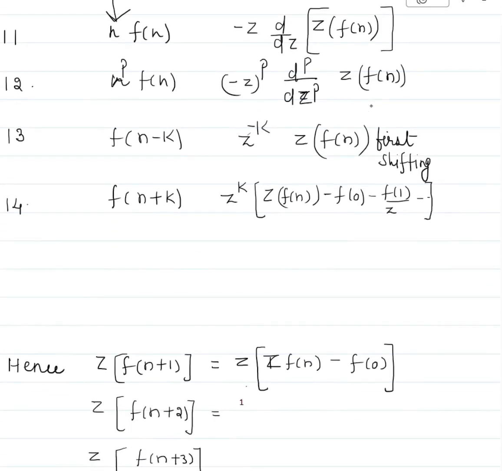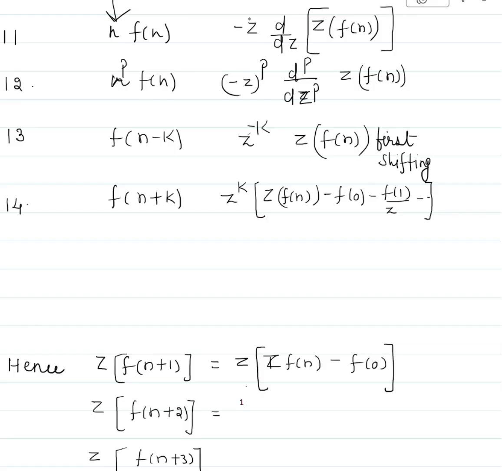Now if instead of n the function is multiplied by n to the power p, f of n, we will write the z transform as minus z to the power p.